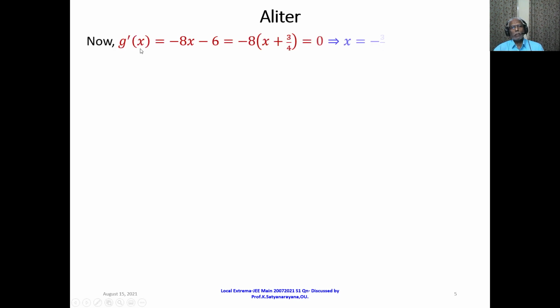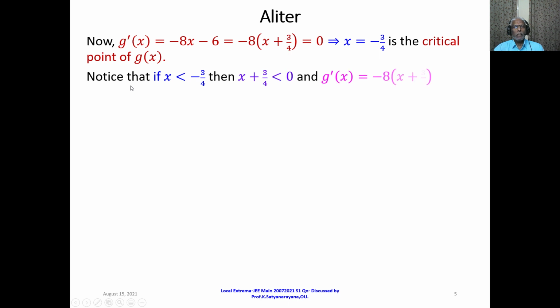Now, g prime x we have minus 8x minus 6 is equal to minus 8 times x plus 3 by 4 is equal to 0. This implies x is equal to minus 3 by 4 is the critical point of g of x. Notice that if x is less than minus 3 by 4, then x plus 3 by 4 will be negative.